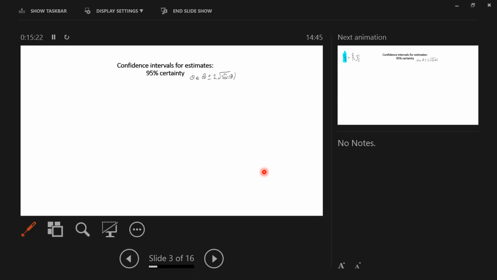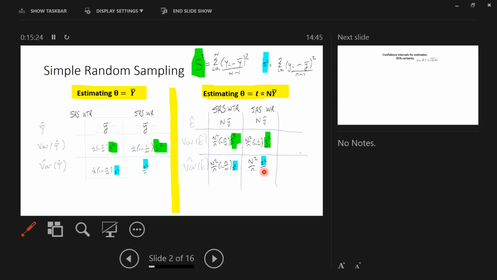Now all you have to do is look at the previous one. If your theta is y bar, it's theta hat plus or minus twice the square root of the variance. So all you're going to say is that's theta hat. If it's a y bar, that's the estimate, plus or minus twice the square root of that.